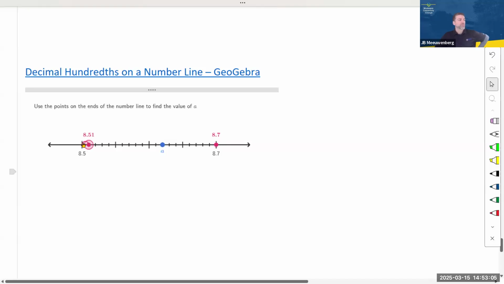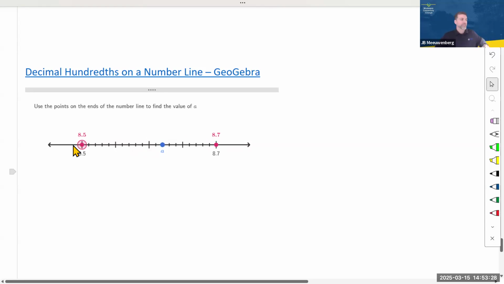And once you think you know it, the way you can use this little tool is to click, hold, and drag. And notice when we go from, we have 8.5 and 8.7, which means this line between them should be 8.6. So the distance from here to here is a tenth from 0.5 to 0.6, and then another tenth to go up here. So then your question was, well, what is each of these individual segments between them?